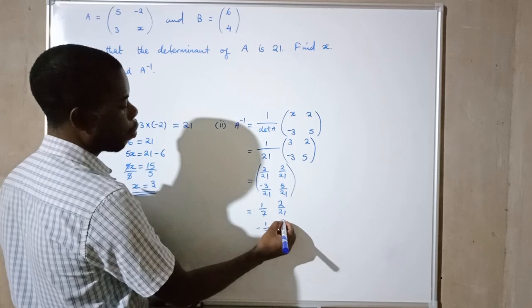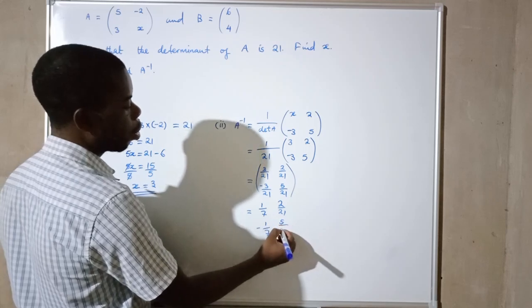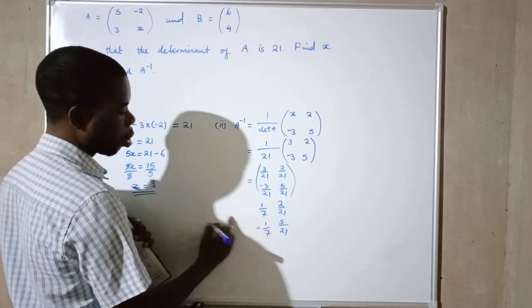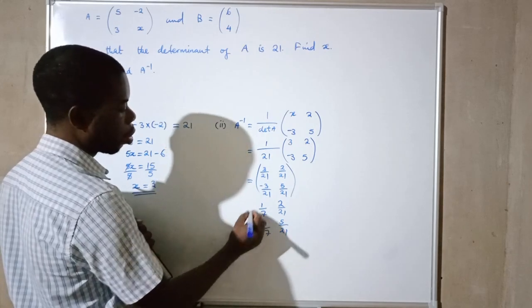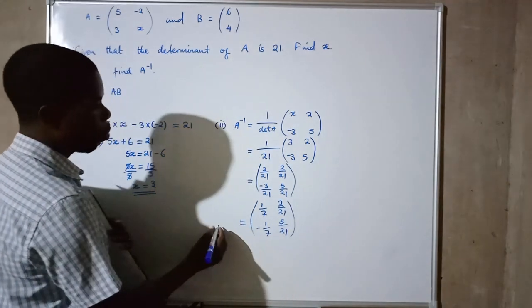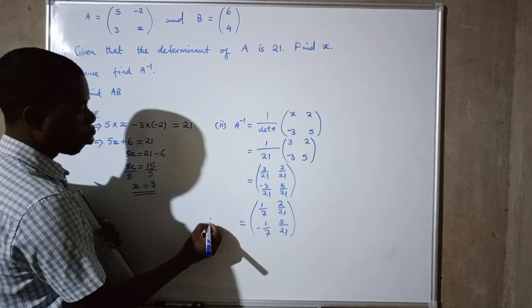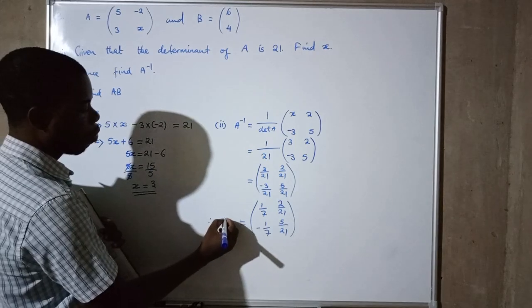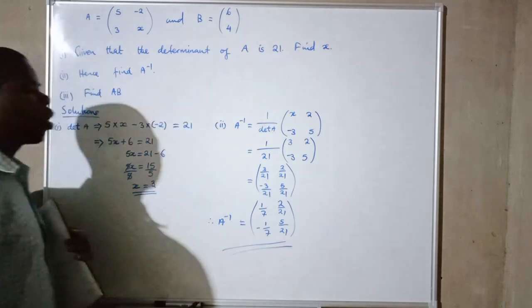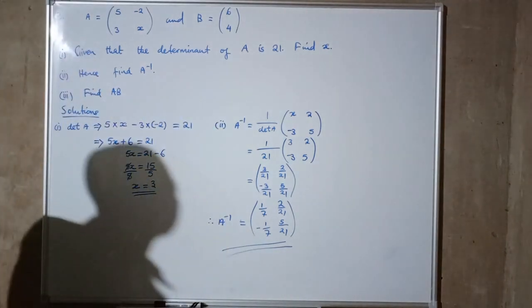This one will remain 5 over 21. So therefore, the inverse of A is now going to be that answer.